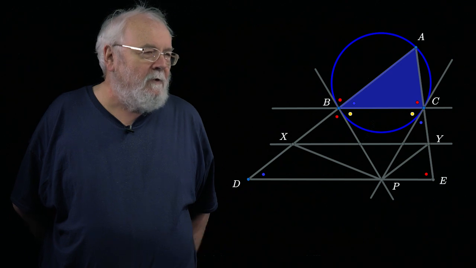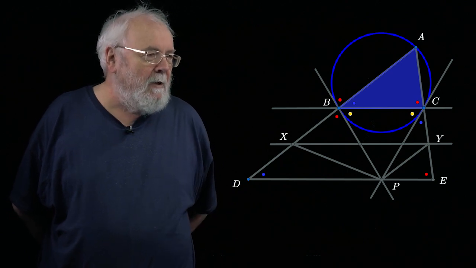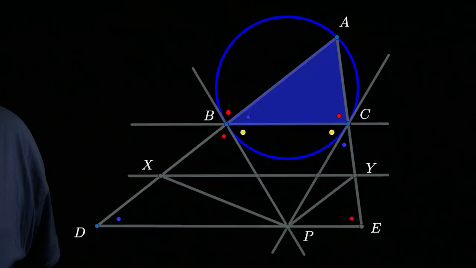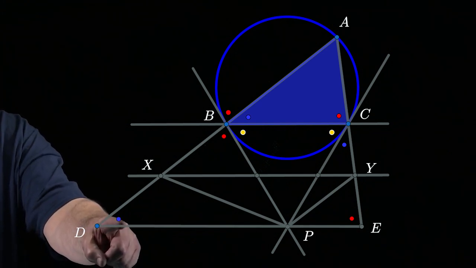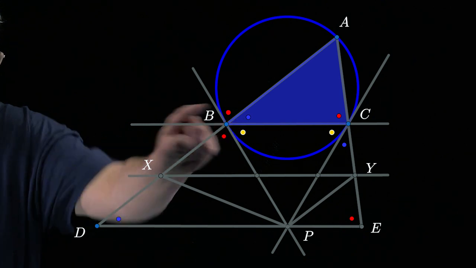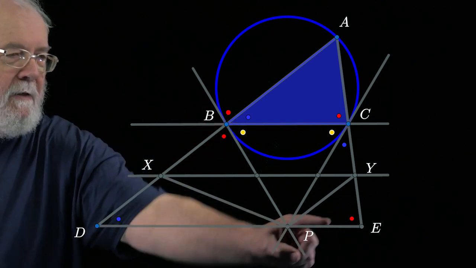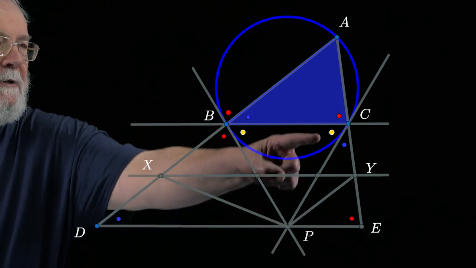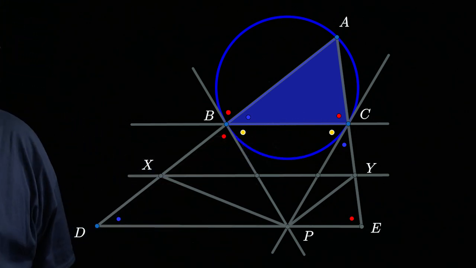That means that you have all sorts of angle facts in play. In particular, this angle here is going to be blue, corresponding to the blue angle at B here, and the angle here is going to be red, corresponding to the red angle at C.